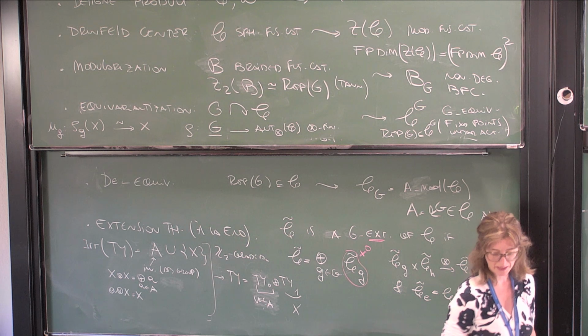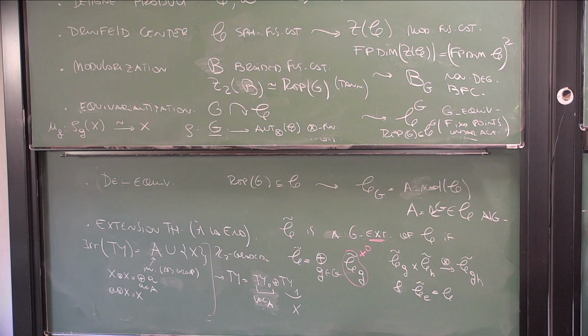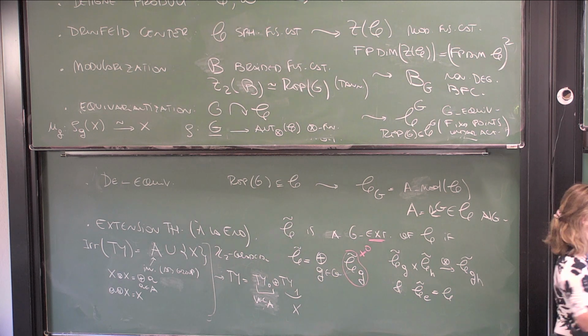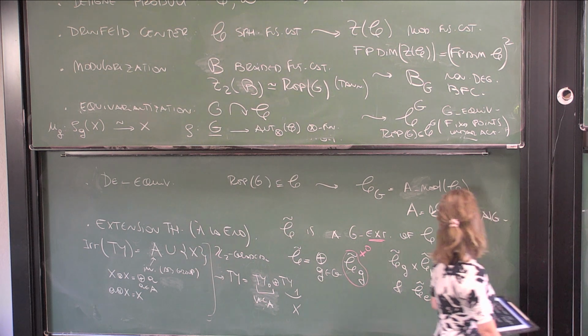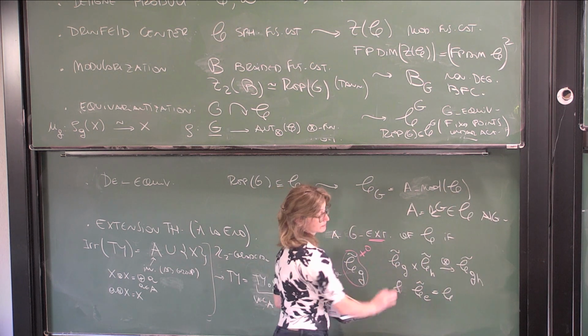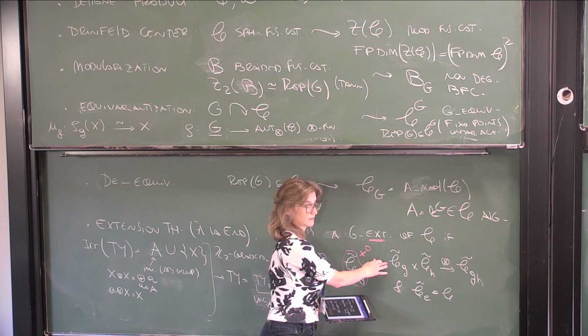So there will be obstructions for this extension to exist. First, I want this map to be a group homomorphism, in order to respect this part.